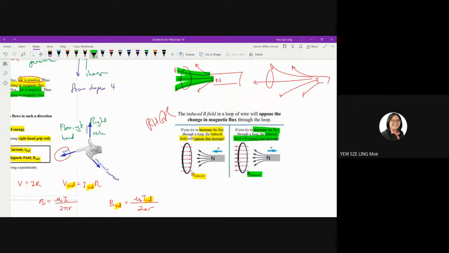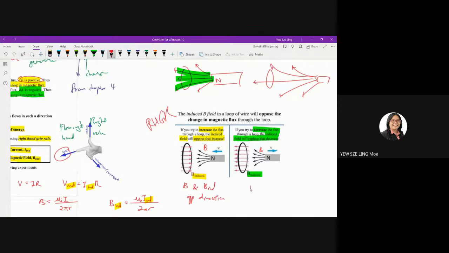If it increases, then B induced will be generated in the direction opposed to the original magnetic field. If you decrease the flux, then B induced will be generated in the same direction as the magnetic field. Ini B biasa, normal B coming from the magnet. B induced depends on your action. If flux increases, B and B induced are in opposite directions.